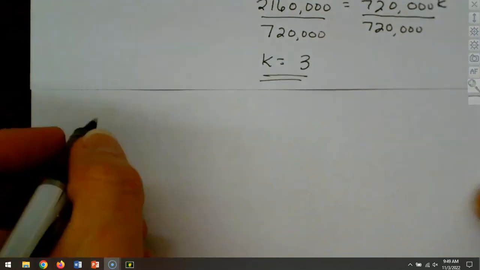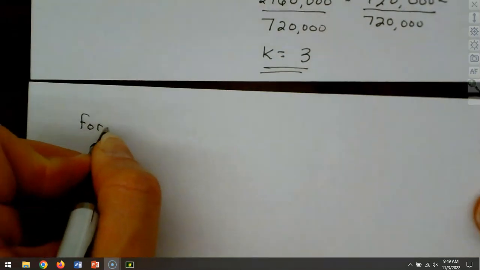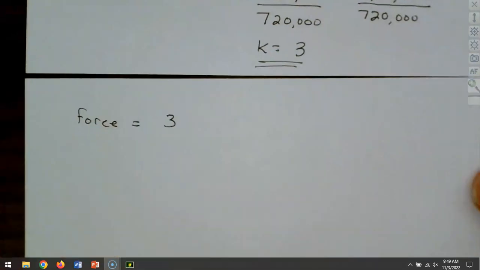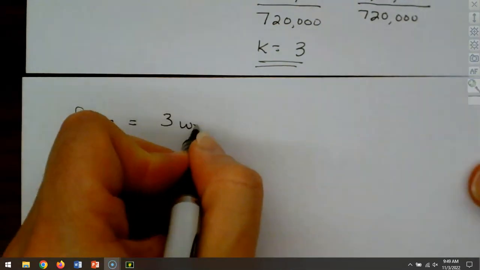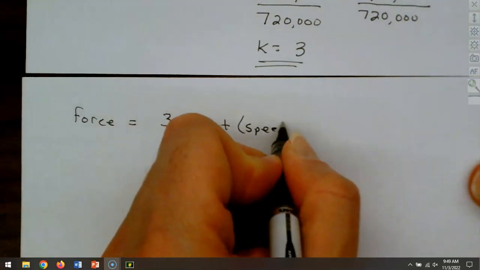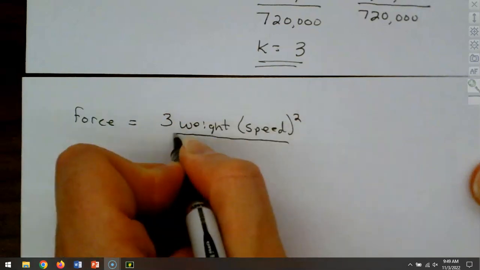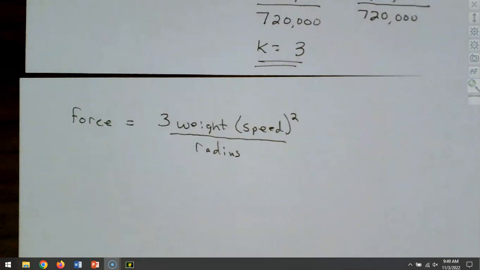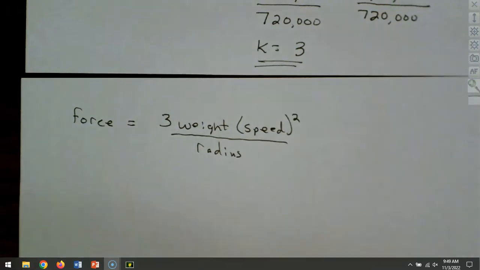So now we've got our force is going to equal 3, because that's our K, times the weight times the speed squared over the radius. Now we want to change things. So what are we going to try to do? We want to find the force that is going to be required to keep the same car from skidding on a curve with a radius of 640.